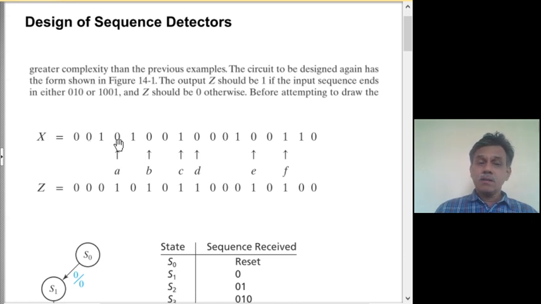Next, 0 1 0 can be overlapping, in the sense that 0 1 0 1 0 means this 0 is the last 0 of the pattern 0 1 0, and it can also happen to be the first bit of a new pattern 0 1 0.